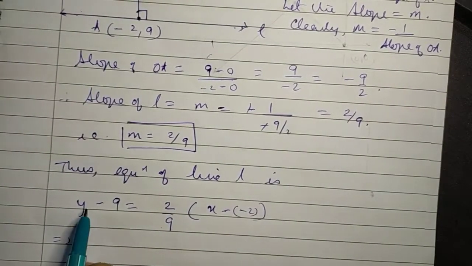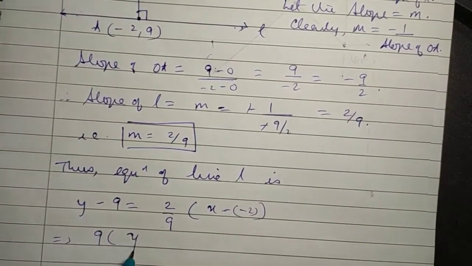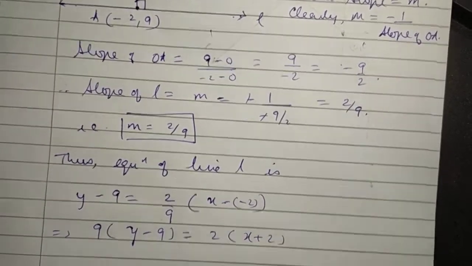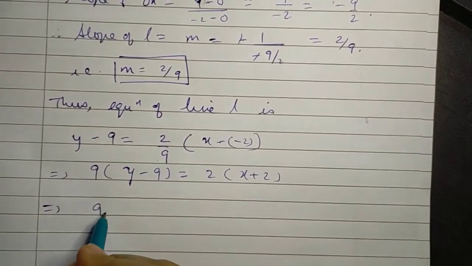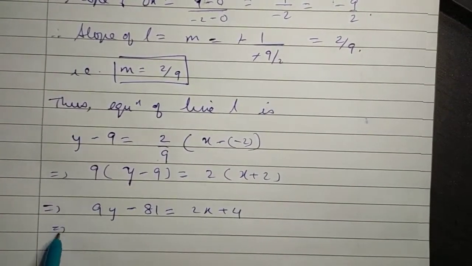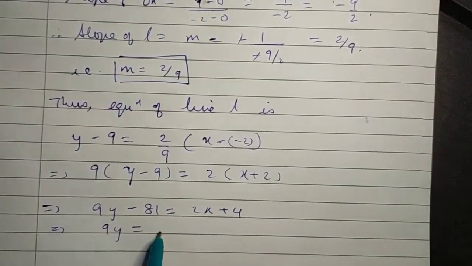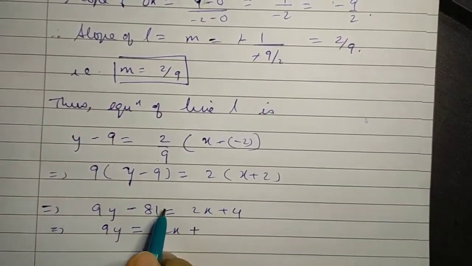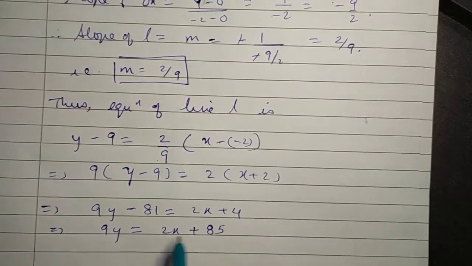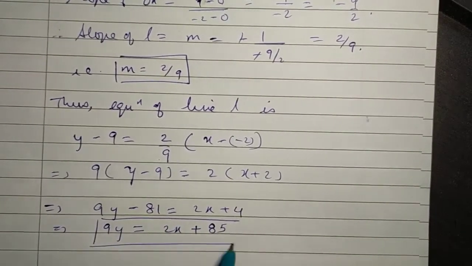Solving, we get 9 times y minus 9 is equal to 2 times x plus 2. Solving, we get 9y minus 81 is equal to 2x plus 4, and this gives us 9y is equal to 2x plus, taking this to the other side, 81 plus 4 is 85. This is the required answer.